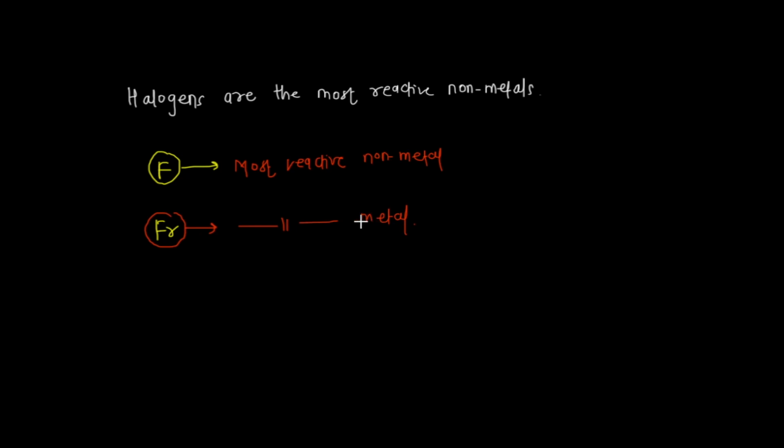Now metals like to lose electrons, that's why they are good reducing agents. For example, we have sodium.